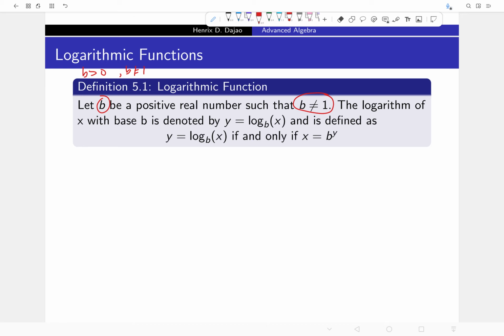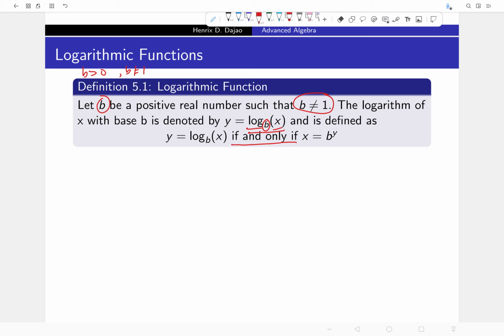The logarithm of x with base b is denoted by this symbol, and is defined as y equals the logarithm of x with base b if and only if x equals b raised to y.